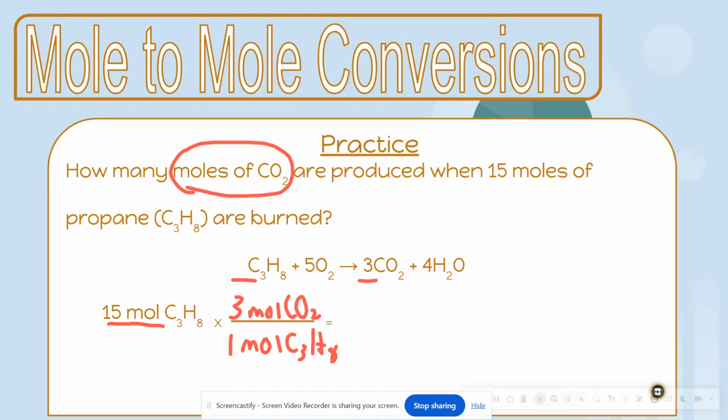I can cross out my propane. When I multiply straight across, I do 15 times 3. My answer is 45 moles of CO2.